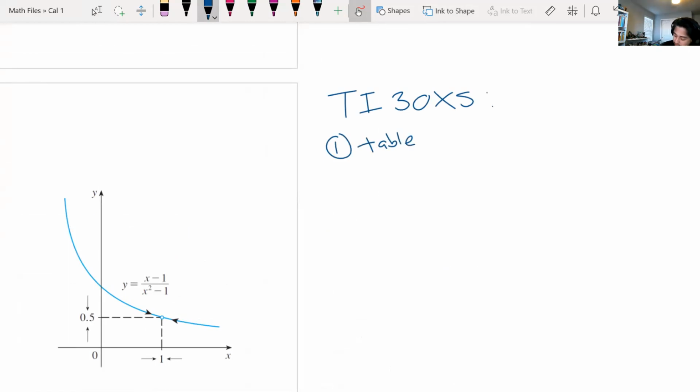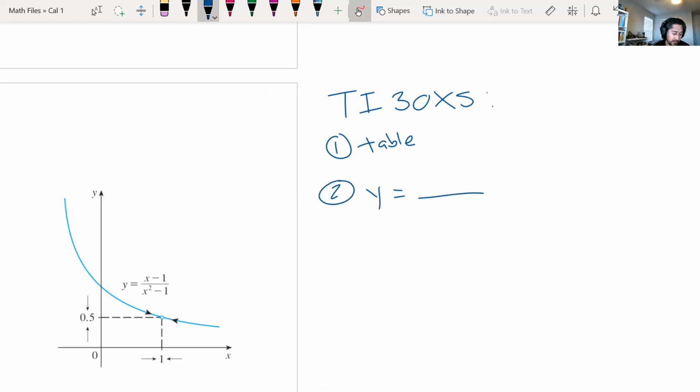And then after you hit table, a Y equals screen is going to pop up. And if you're going to type in this fraction, well, lucky for you on the TI-30XS, there is a button that says N over D. If you type in N over D, it's going to make a fraction for you. So it'll be a perfect setup for you.